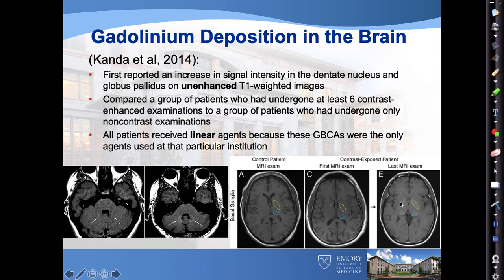But then you have patients that have received multiple doses of gadolinium-based contrast agents throughout their lifetime. And you can see on the T1 unenhanced image that there's an increase in signal intensity in the globus pallidus for those particular patients.